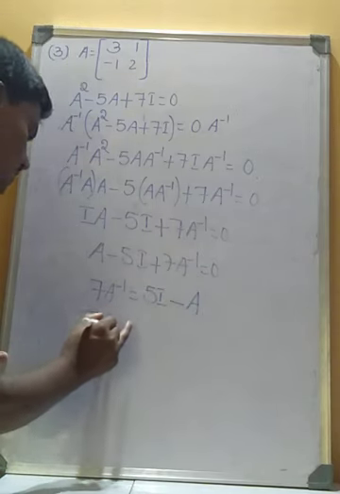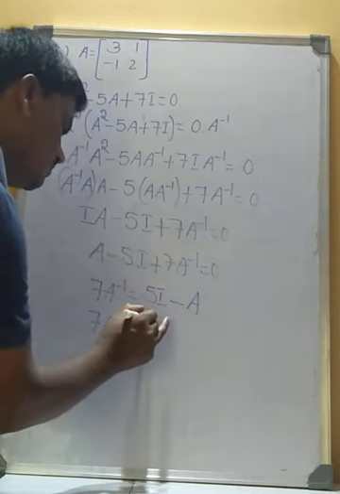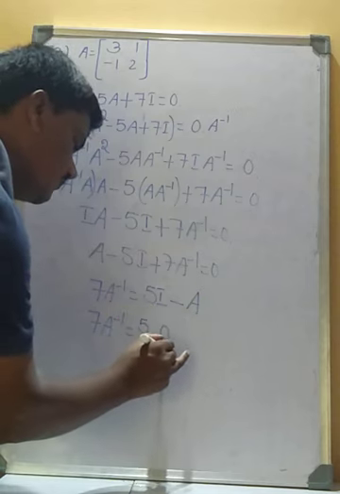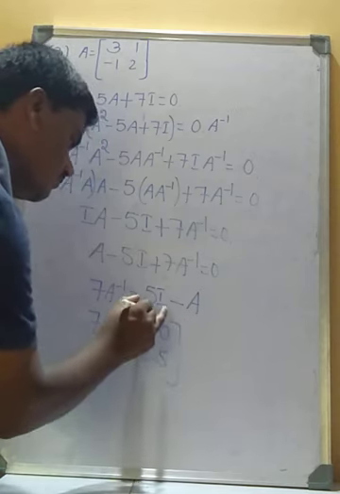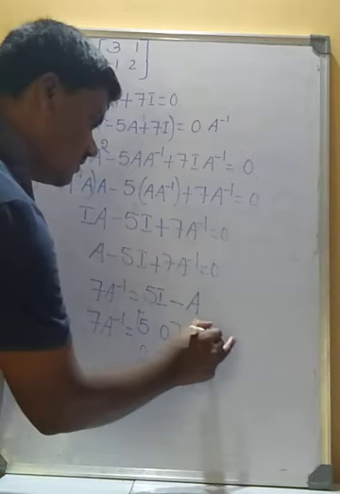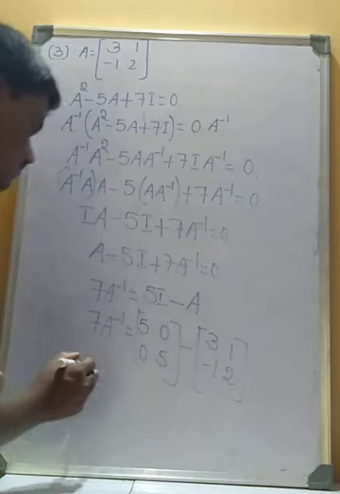Therefore 7A inverse is equal to 5 into identity matrix 1 0, 0 1, which is 5 0, 0 5, minus A matrix with elements 3 1, minus 1 2.